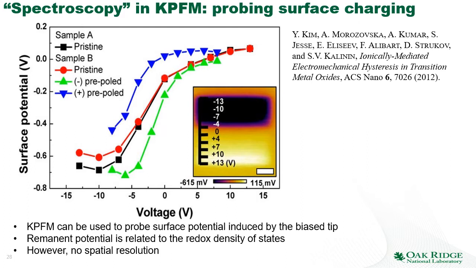Then I want to take the same surface and try to polarize it with the tip at a potential of 9 volts and measure the surface potential. And so on and so forth. So in other words, I want to measure how induced surface potential depends on the bias applied prior to measurements.